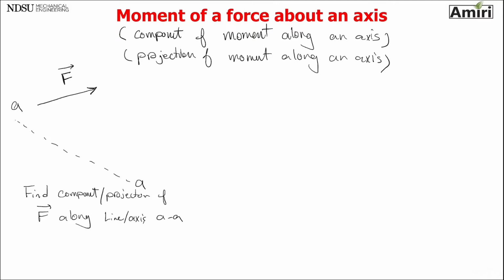In order to do that, we found unit vector of this line, and all you had to do was dot product those two by each other. Remember that? To find a component or projection along a certain direction, we dot product it with the unit vector, and dot product will result in a scalar.